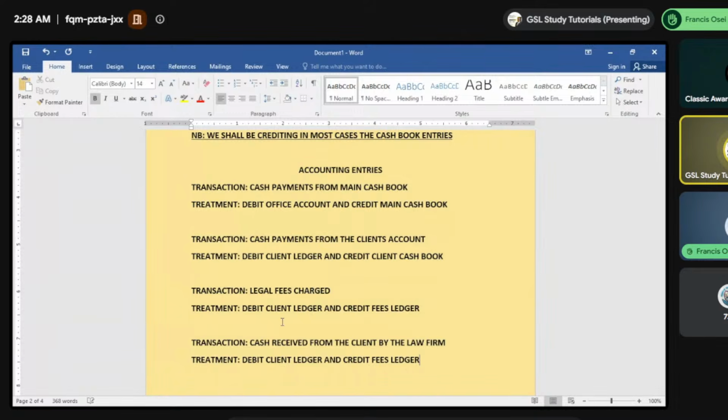The moment we started with this principle, there is no cause for alarm again. We will debit client cash book, then we'll credit ledger account. Good. Then they said total of the office account: debit client ledger account, credit office account.